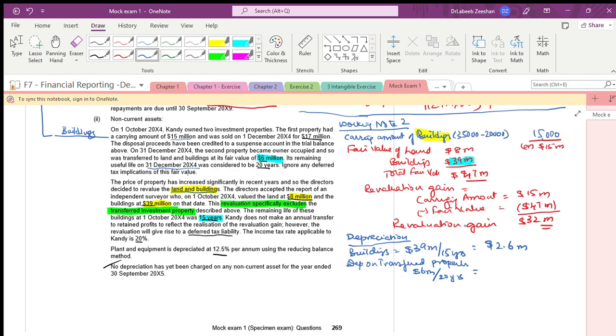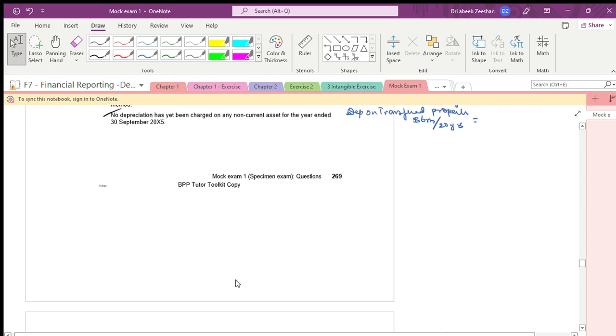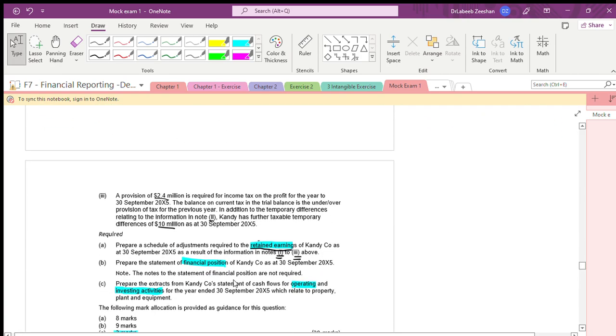On 31st December, the second property became owner-occupied, the transfer of the building of 6 million. Its remaining life is how much? That is at December 2004. And we are making the financial statements on 30th September 2005.